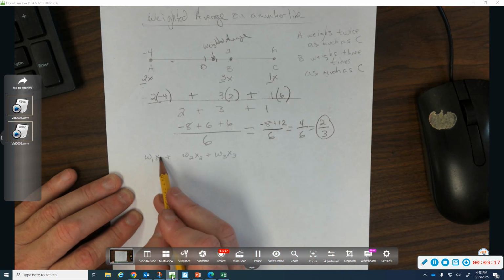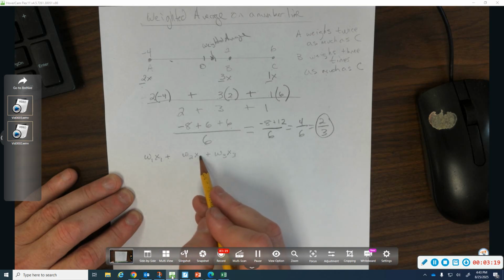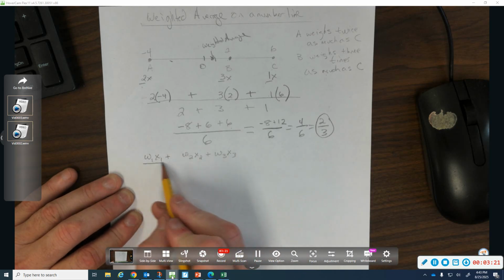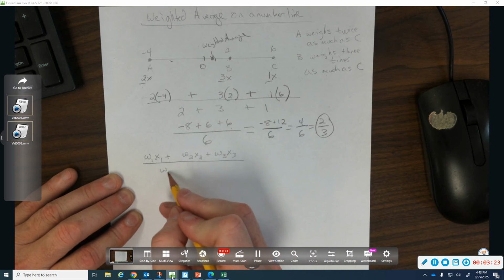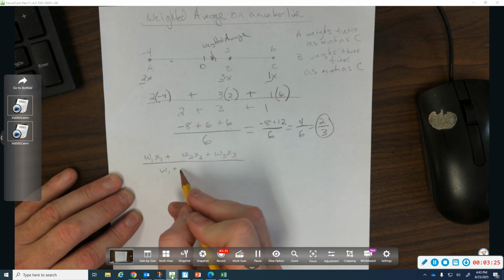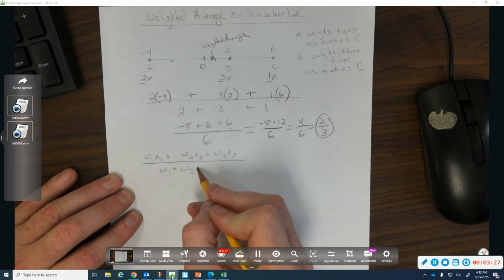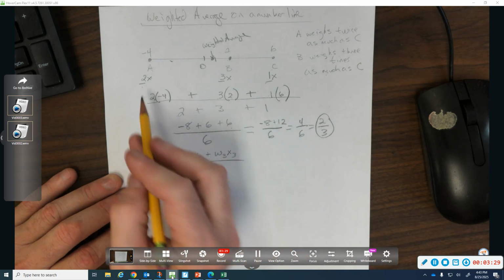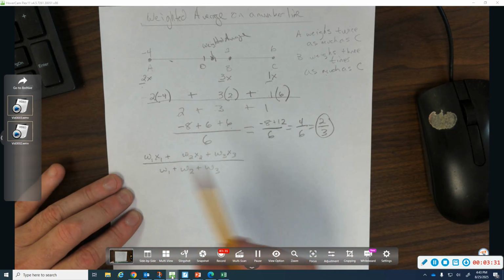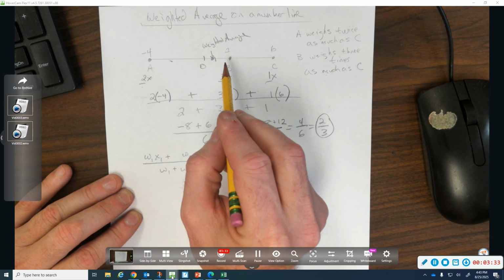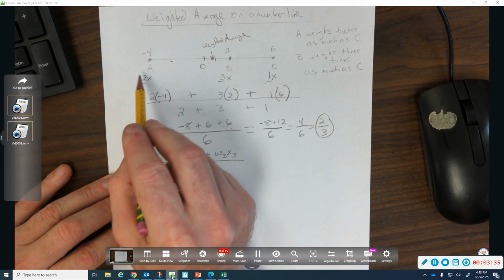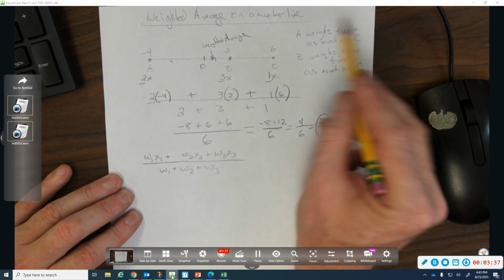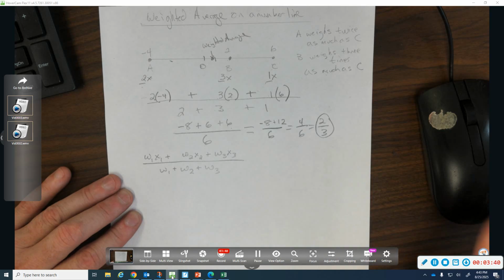Weight 1 times the value, plus weight 2 times the value, plus weight 3 times the value, all over the sum of the weights. Now, this formula looks scary, but it's just what we did here. It's just recognizing that this is x1, x2, x3, and this is the weight that we applied in the language of the problem.